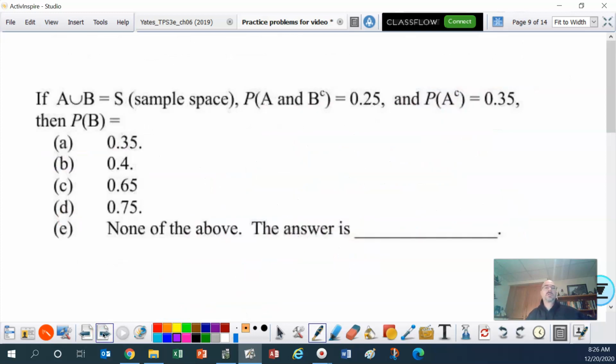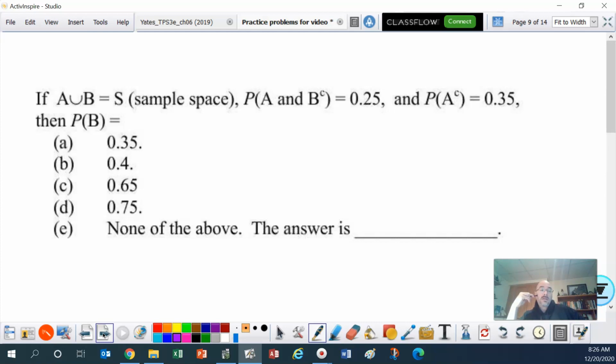All right, next one. If A or B is the sample space, that means whatever event A is and event B is, that's everything because it's the sample space. And the probability of A and B complement is 0.25.